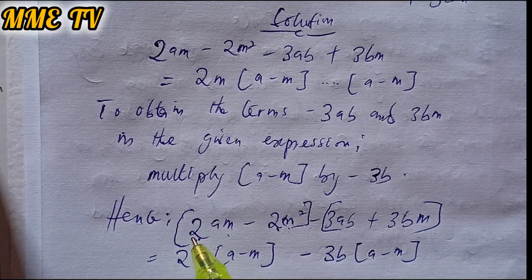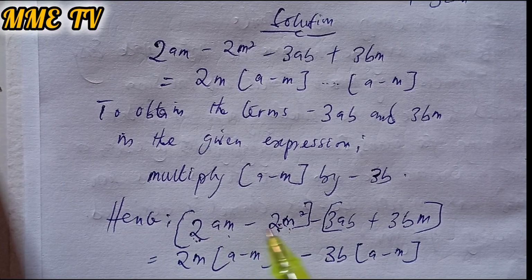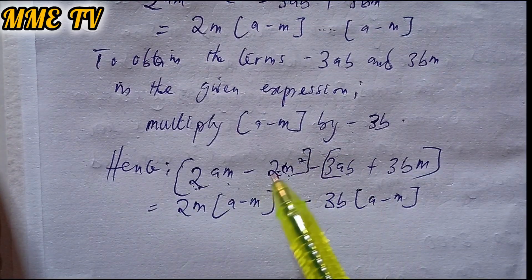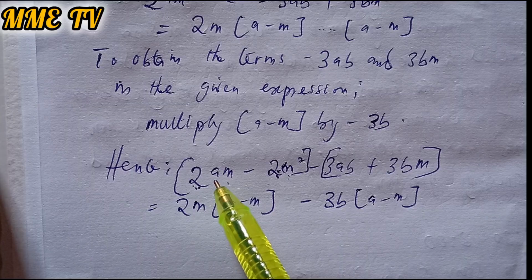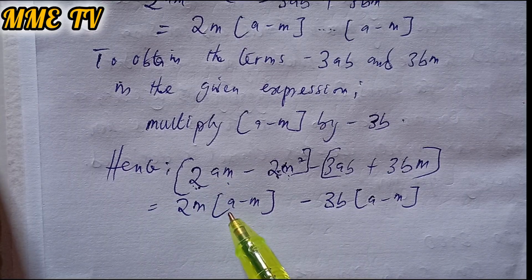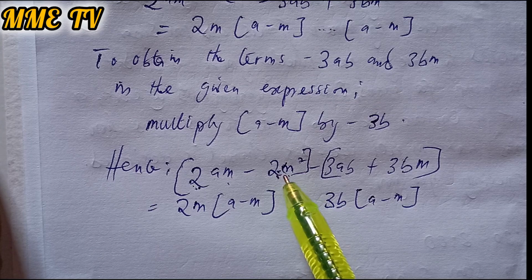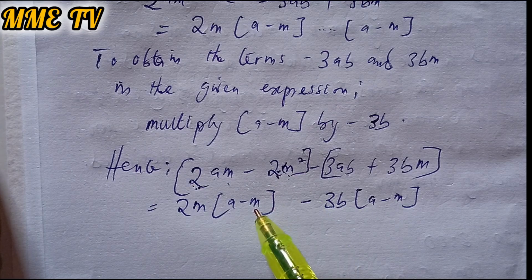Then, because 2 is common in both of them, and again m is common in both of them, you will write them outside of the bracket. Then what remains after writing that over here? A remains, that's what is here. What remains after taking the first m that is here? m is also still common, that's why you write it here.